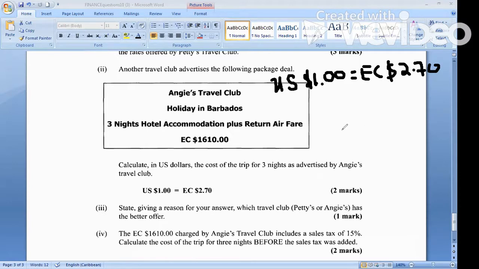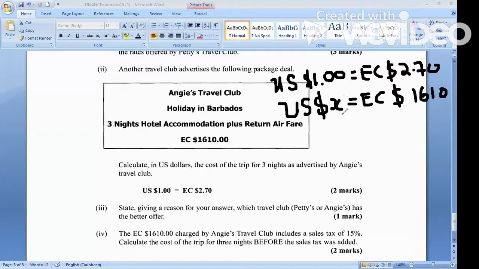All right. Okay, so basically, what did I say? You always line up your country, right? So EC goes here, EC goes there, so it's going to be 1610. And we have US X. Then you divide.